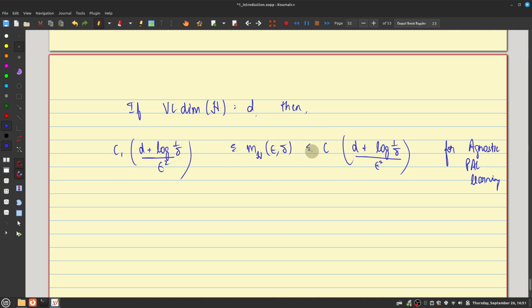So we will show that the sample complexity is at most C times D plus log 1 over delta divided by epsilon squared, and this is achieved by ERM.